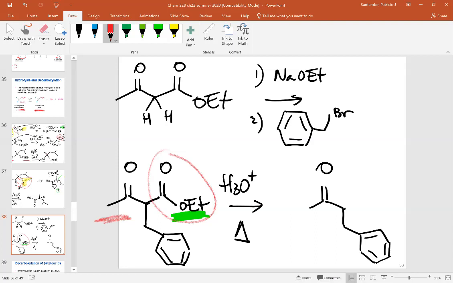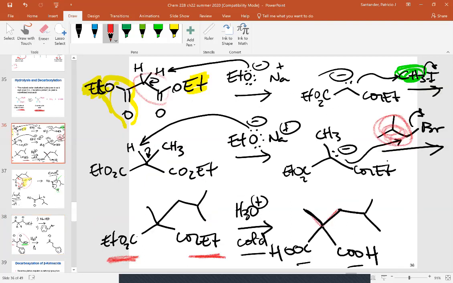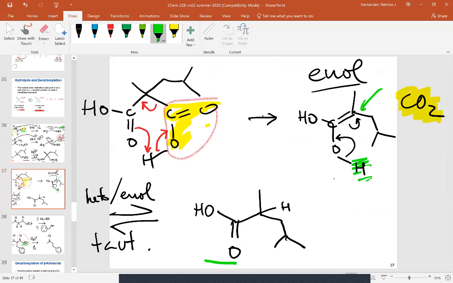All right, so what is the lesson out of this? You may want to remember some pattern in this kind of reactions. The pattern is this: when you use a diester as a starting material, see, I have one ester here, one ester there, the final product that I will get after going through the decarboxylation and everything is one carboxylic acid here, right?